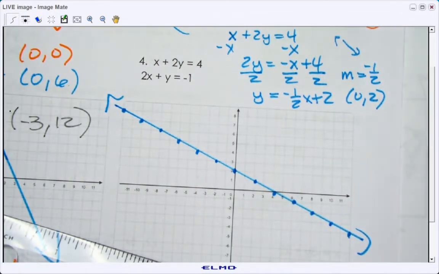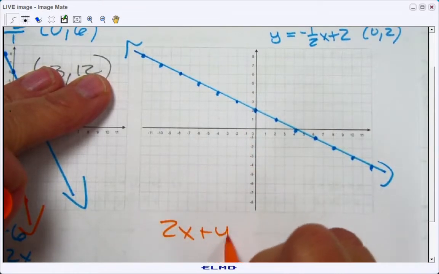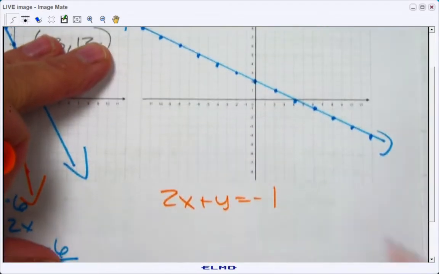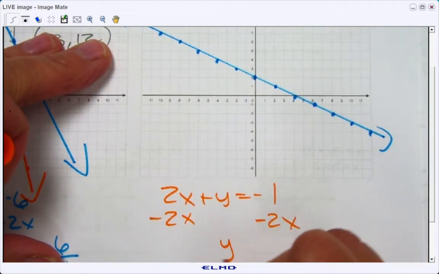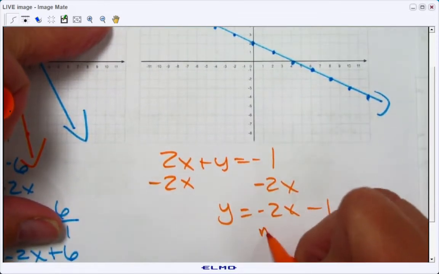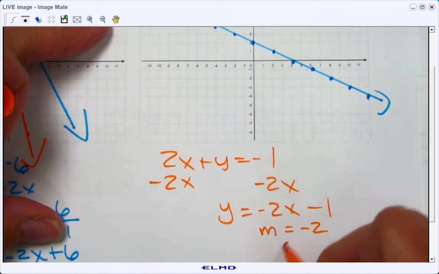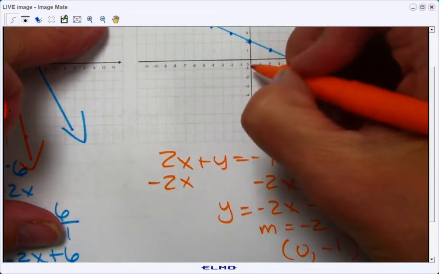So I'm going to come down to the bottom of the page and do 2x plus y equals negative 1. This one's easy. I just subtract 2x from both sides. I get y equals negative 2x minus 1. So my slope equals negative 2. My y-intercept is 0, negative 1. So I'm going to come up here, 0, negative 1.